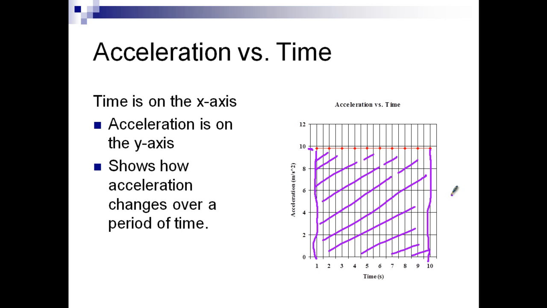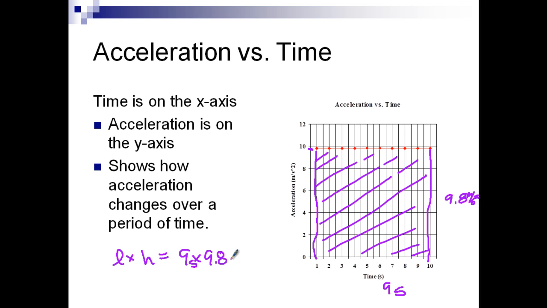It has a height of 9.8 meters per second squared, and I guess it started from 1 to 10, so it has a length of 9 seconds. And how do you find the area of a rectangle? It's length times height, so 9 times 9.8.